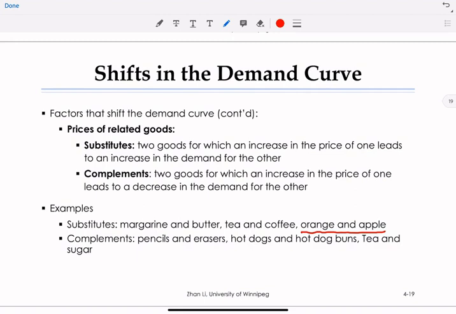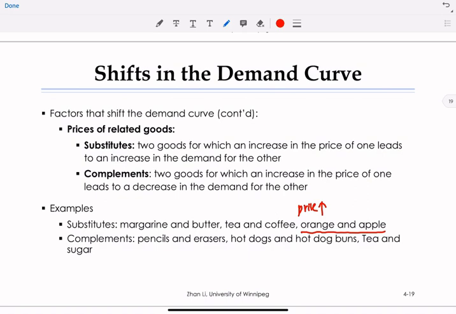Now, let's think about orange and apple. Well, let's say the price of orange increases. Now, as a consumer, your first response is, okay, now orange is more expensive. And for me, apple can be used to substitute orange.